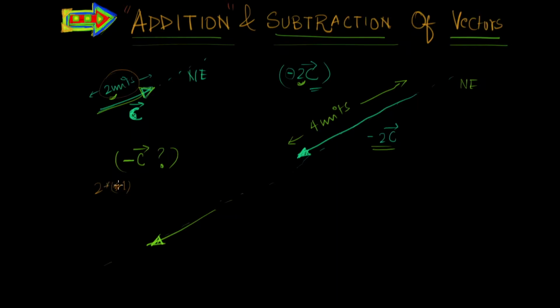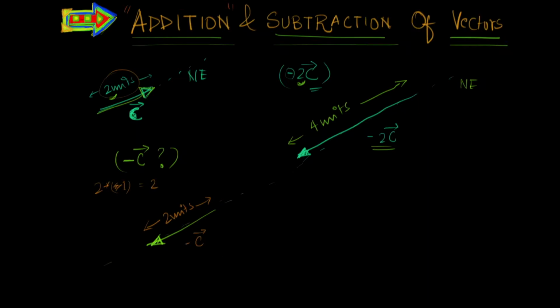And 2 times 1, or for that matter, anything times 1 is 2 itself, or the same number itself. Therefore, this length would still be 2 units. But the vector would now be pointing in the opposite direction. This would be -c vector.